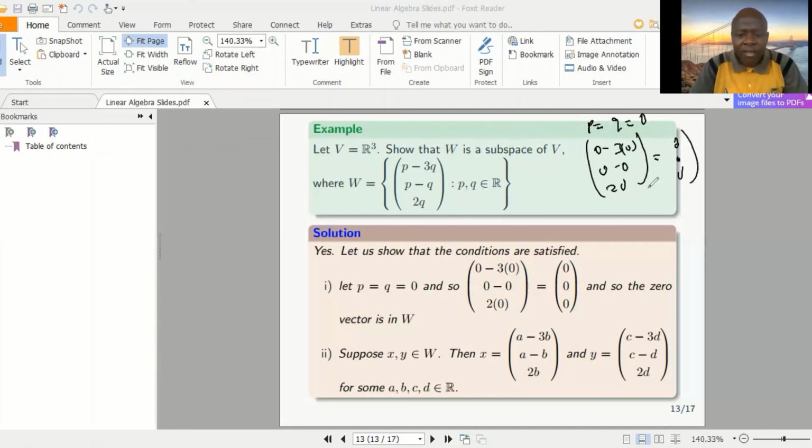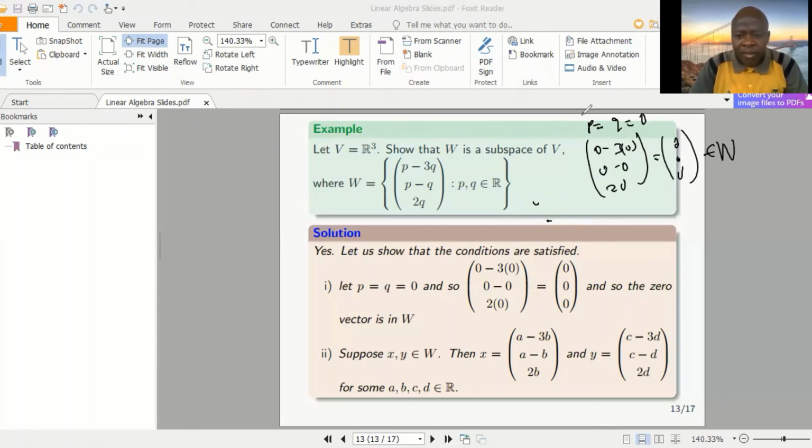And so that means the vector 0, 0, 0 is in W. So that means this W is non-empty. The first condition has been satisfied. Remember here, the only thing you are told is that P and Q must be real numbers. That's the only thing you are told.